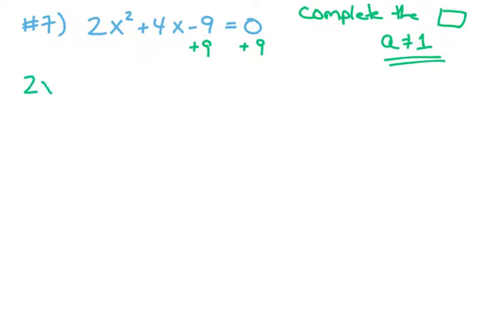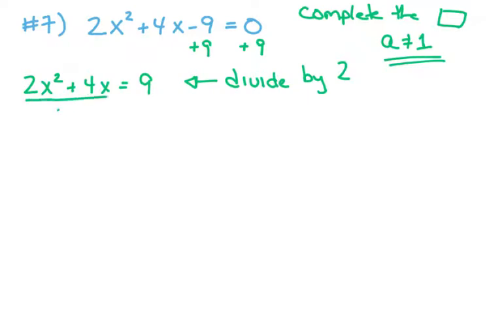So I have 2x squared plus 4x equals 9. Now we need to divide by 2. So divide every term by 2 to get x squared plus 2x equals 9/2.